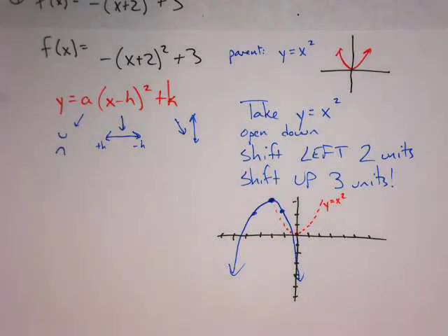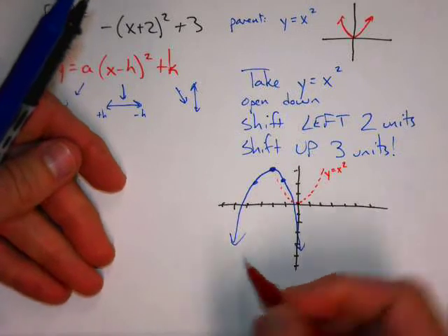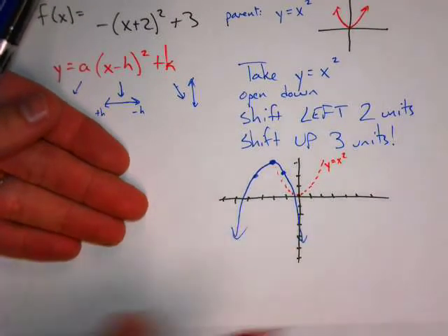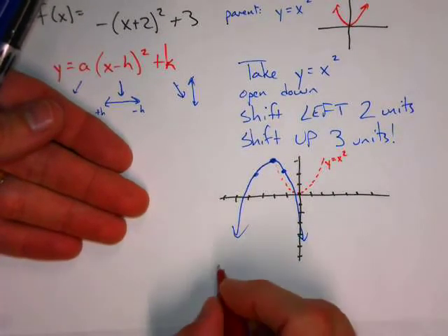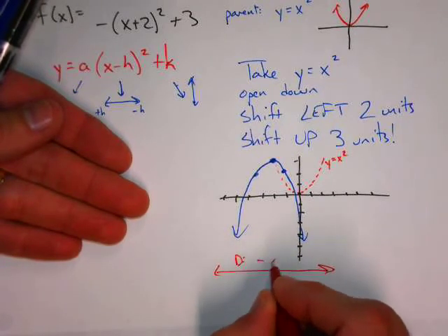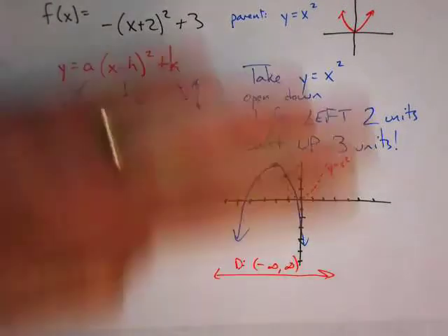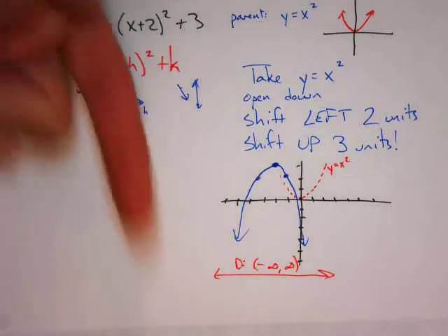And finally, domain and range, and then we'll be done. Full understanding, right? How cool is that? So domain, all the way to the left and all the way to the right. This graph will continue moving on to the left and to the right. So the domain is from negative infinity to positive infinity. And then the range, how far up, how far down. It's going to go as low as possible.